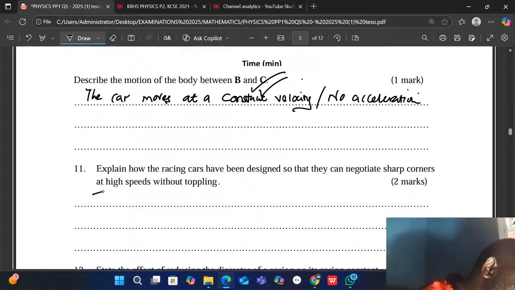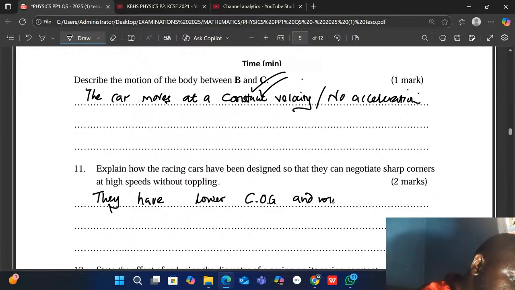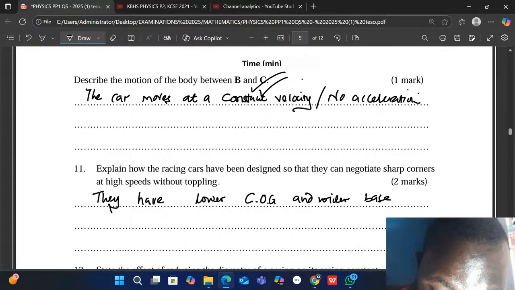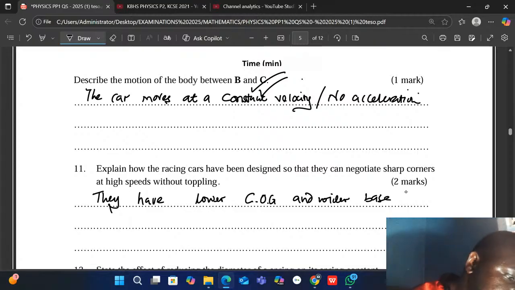So they have a lower center of gravity and a wider base, making it more stable.